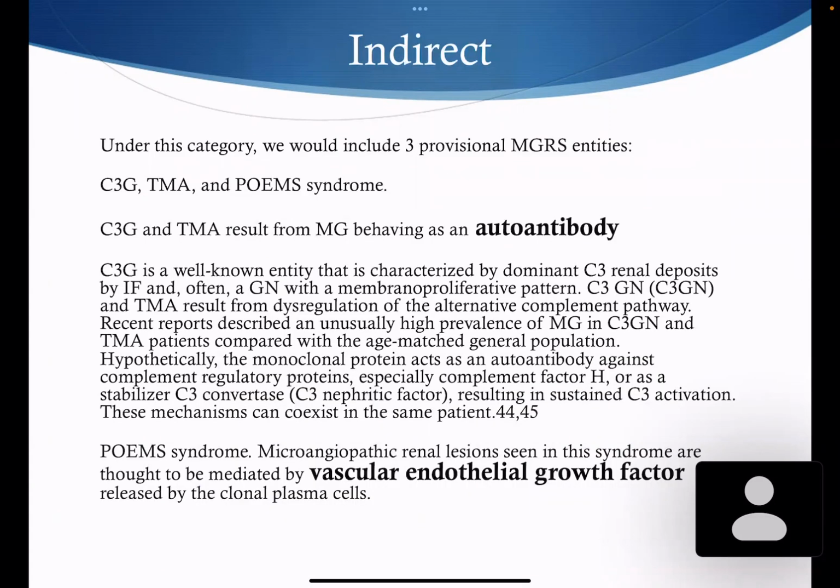And the indirect form, we're going to go through this in more detail in the next session, inshallah. It entails not only the C3 glomerulopathy and TMA, but again, membranous glomerulopathy can be a part of this, and the POEMS syndrome as well can be a part of this.